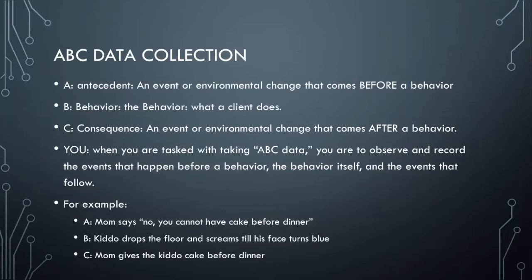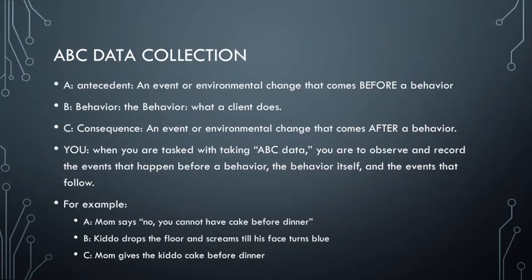Beautiful. So an antecedent is a stimulus, a thing, an environmental change or an event. So something happens in the kiddo's environment before the occurrence of the behavior. So in ABA, this is often an instruction. Maybe it's a choice that we present.